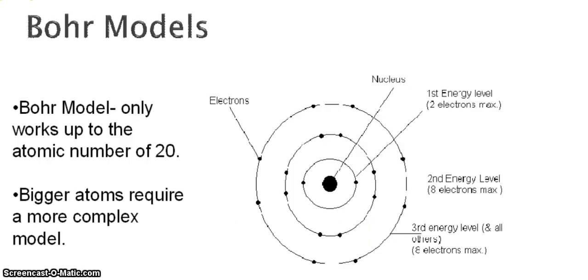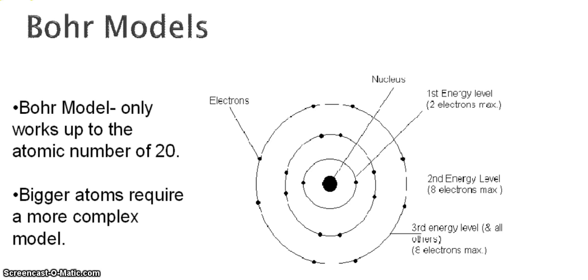Now, if you turn your page over, it looks like we can only work up to atomic number 20. And largely that's because for our purposes and what we're able to study with the Bohr model, we can only work up to about 18 total electrons. And some properties of atomic number 20 and 19 will work within that.